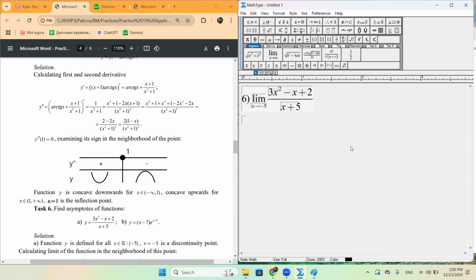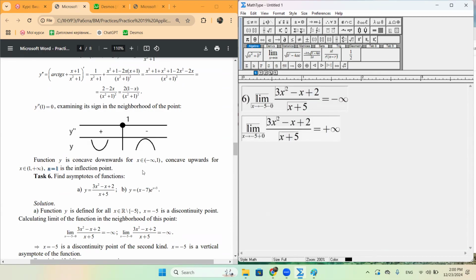So if I substitute, 75 plus 5, so 80 plus 2. So basically this is infinity. For x approaching -5 minus 0 it is minus infinity, and -5 plus 0 will be plus infinity.